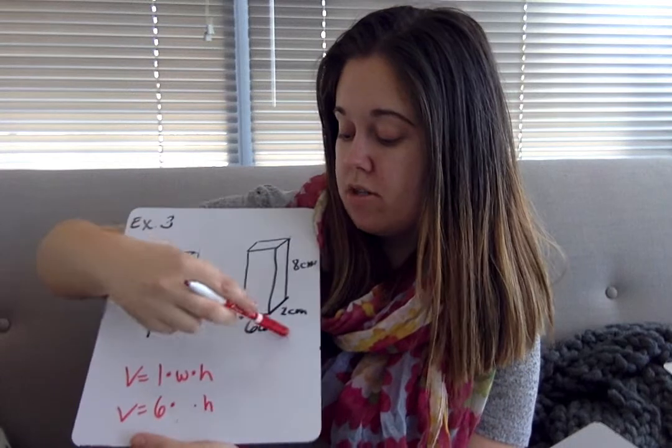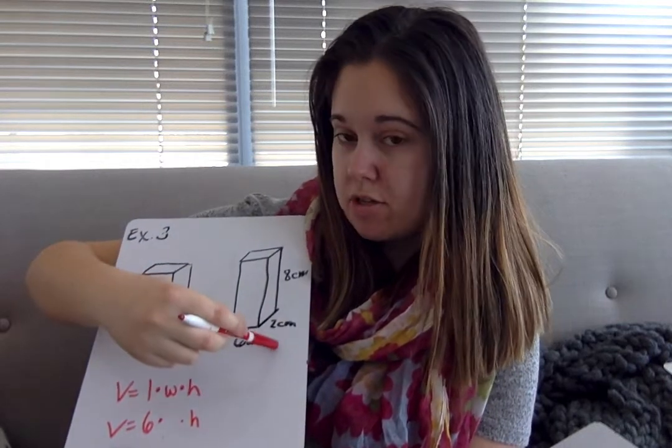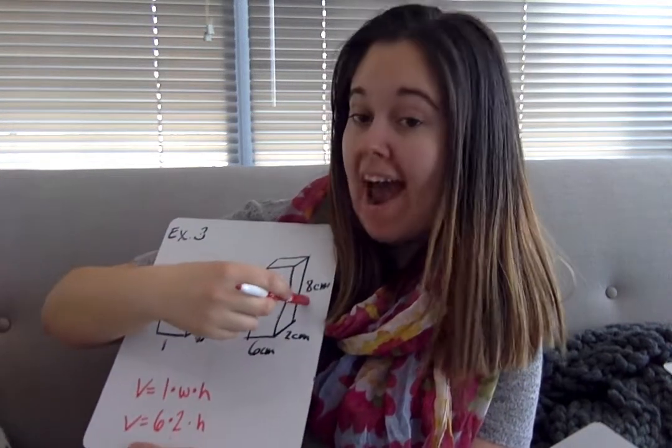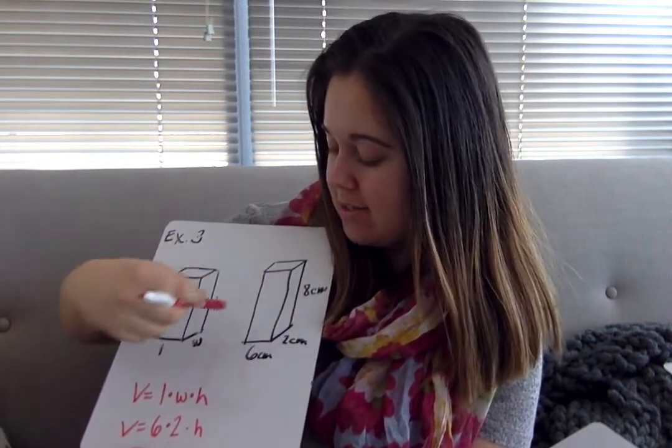So then, what about the W? Again, we have to go with what corresponds. So we've got this W that corresponds to the 2 centimeters, so that has to be a 2. And with that H, you have to be using the 8, H and 8, because they correspond.